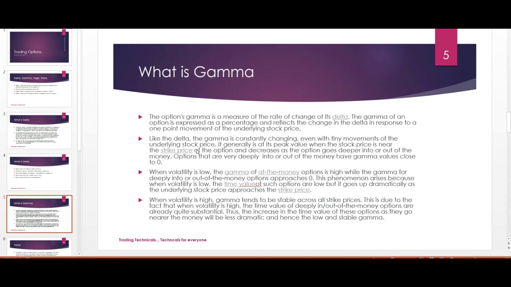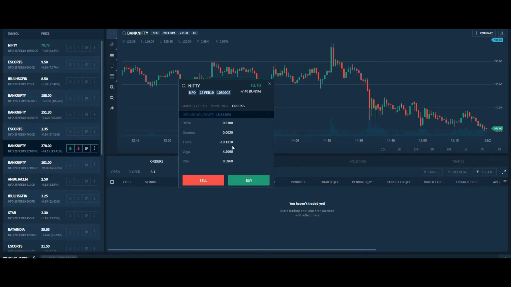What is the change in delta versus your premium? So now we'll again go back to our analysis or the data. Here it says the gamma is 20, which is 0.0020.